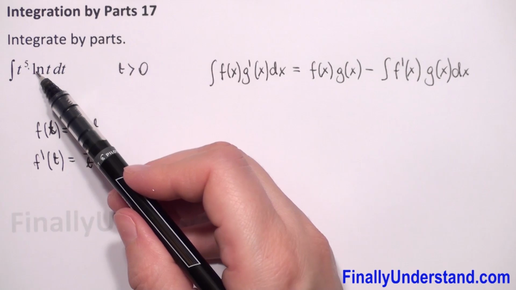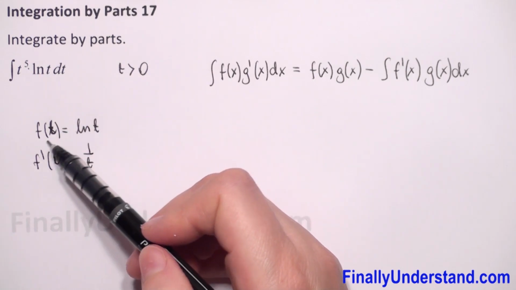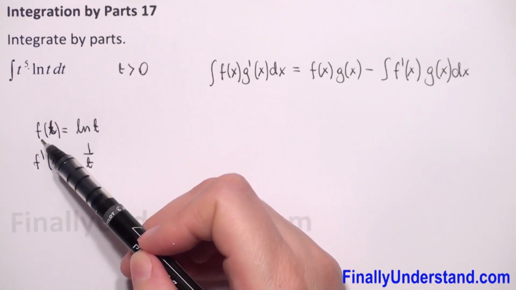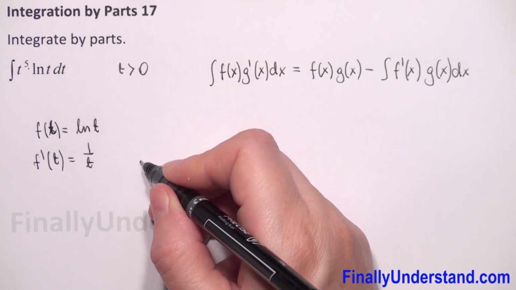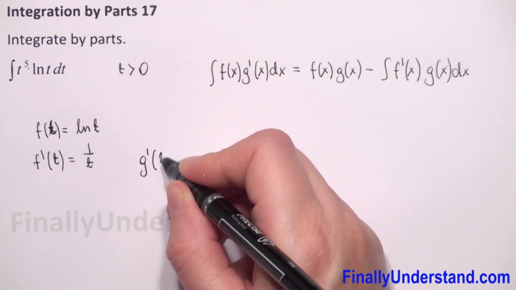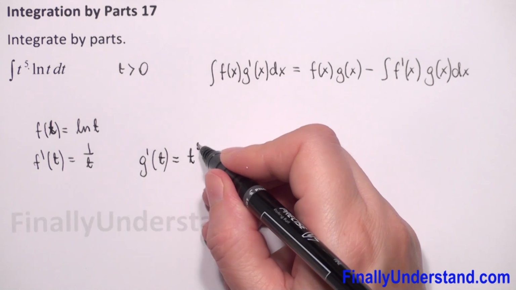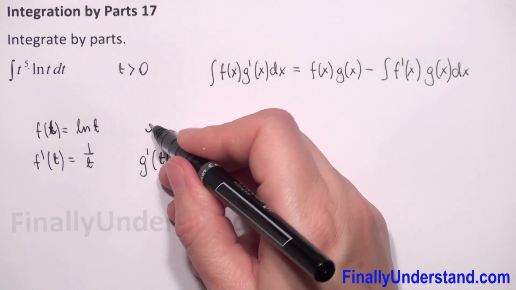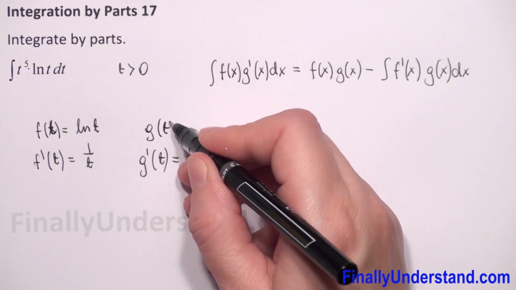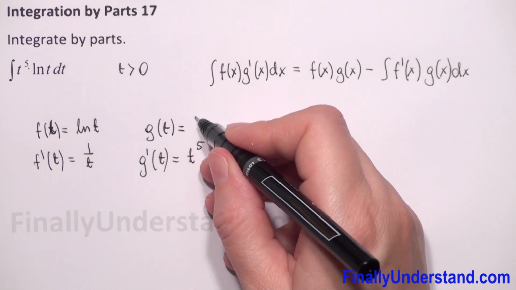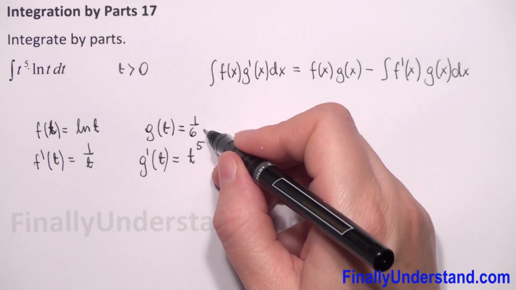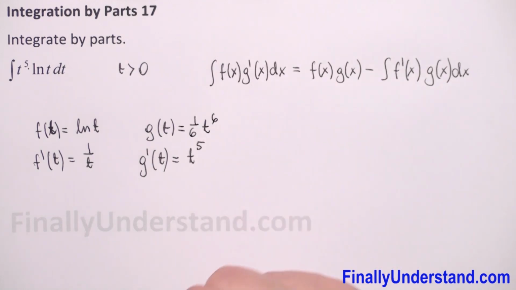Because of natural logarithm of t, I just put that this is equal to f of t. Whatever is left is our g prime of t. So this is our t to power 5. So g of t is equal to 1 over 6 t to power 6.